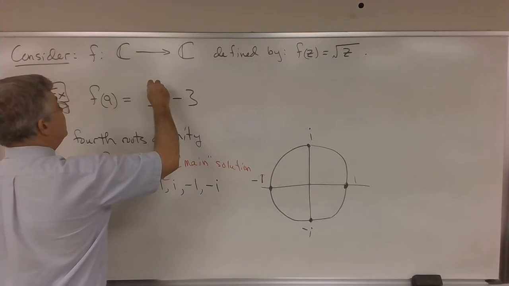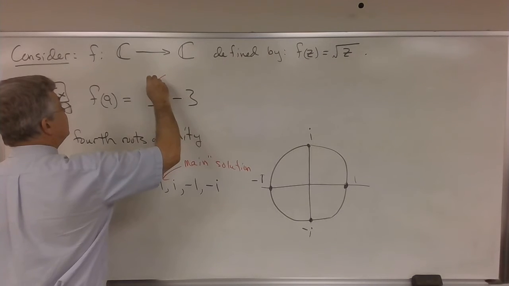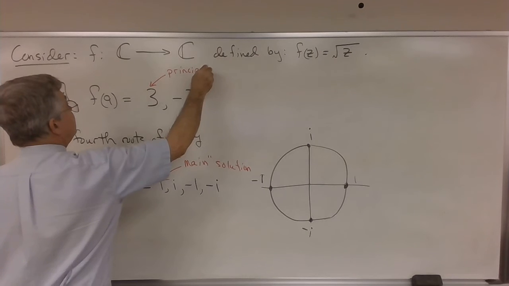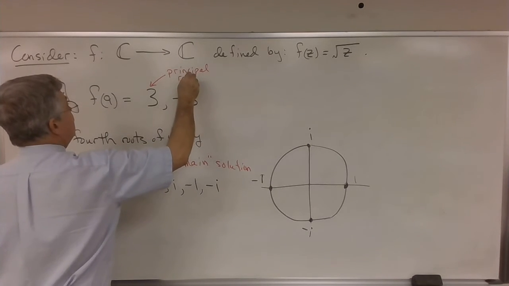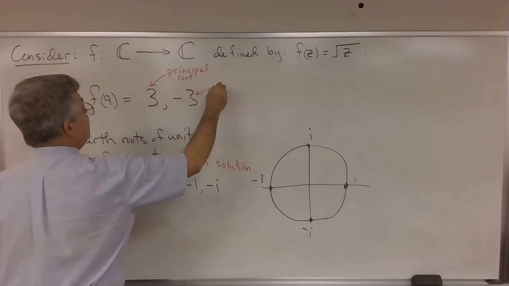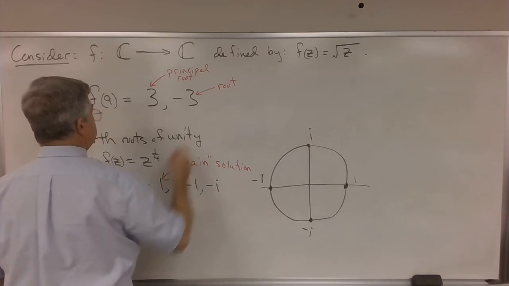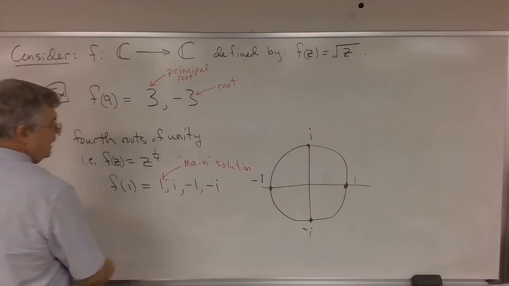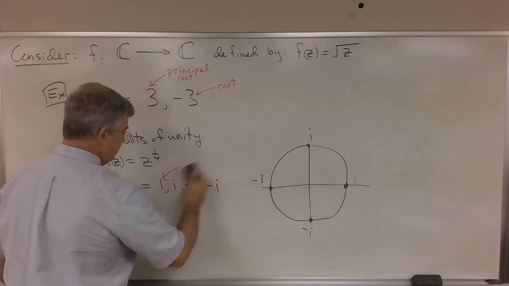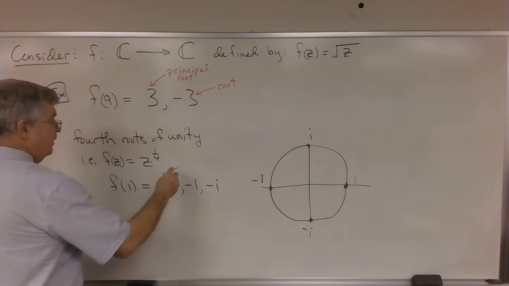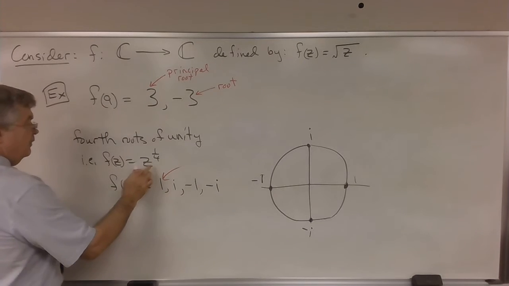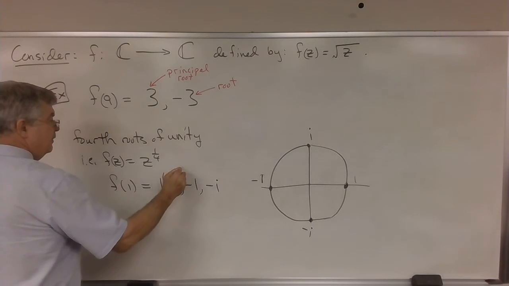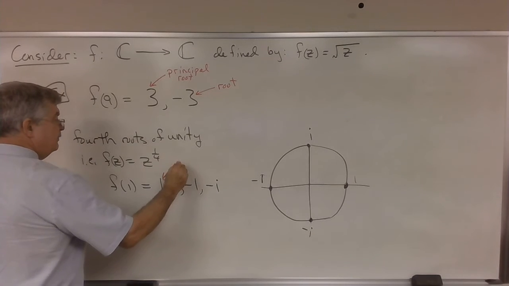We say that this is a principal root, and this other guy is a root also. And if we're taking the fourth root of 1, 1 is a principal root.